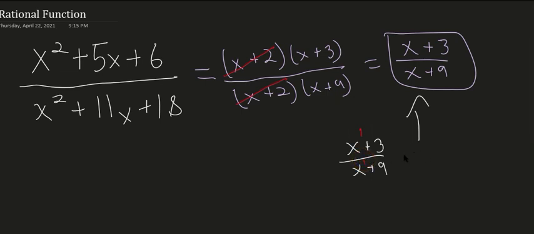This means that the degrees of the numerator and denominator are equal. So what do we look at? That's right, we look at the coefficients, and we can see that they're equal. So our horizontal asymptote is at y equals 1.